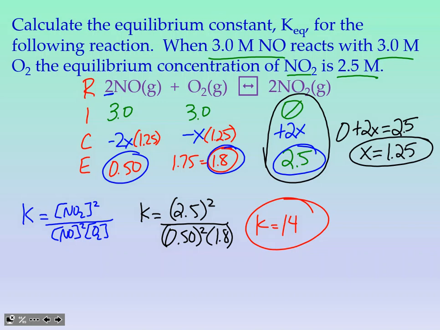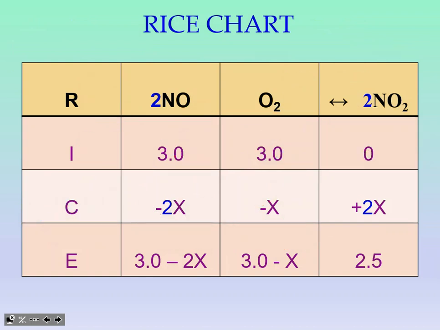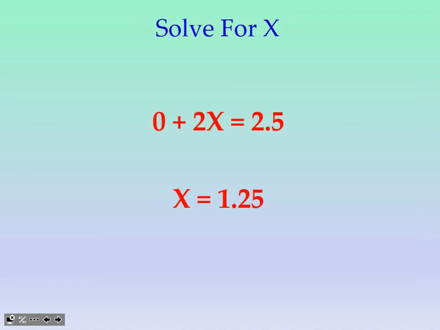One type of problem. You need to run through it, the setup, all the RICE table stuff is here. So you can set it, see that right there. See that we are going to use the products. I highlighted it in yellow in order to do the change. So that's what you would do to get your X value, your change.